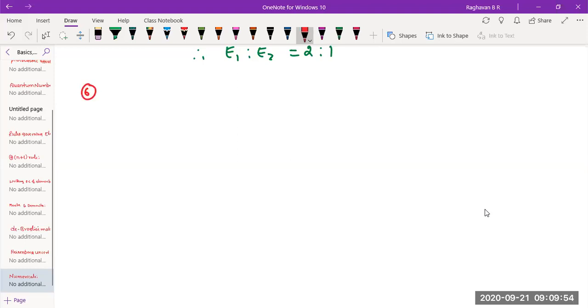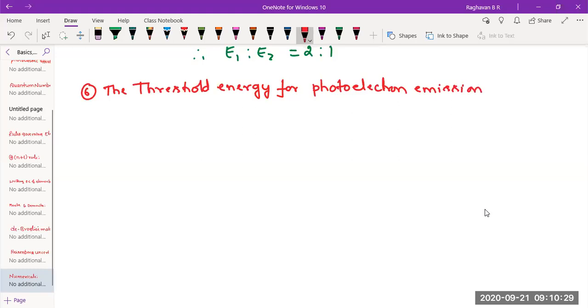Sixth one. The threshold energy for the photoelectron emission from the surface of a metal is 4.9 into 10 raised to minus 19 joules. That is the threshold energy.